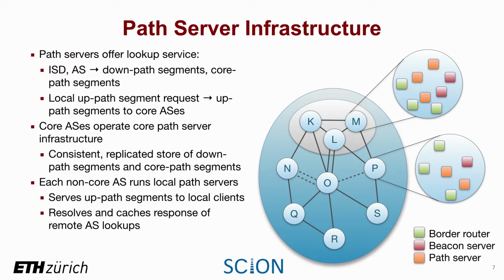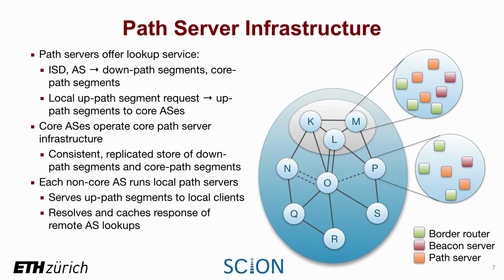So essentially, when a client looks up a given autonomous system within a given isolation domain, so we have an ISD, AS tuple, the path server offer a set of down path segments, a set of core path segments, and the local path server will also respond with a set of up path segments to the core ASs.